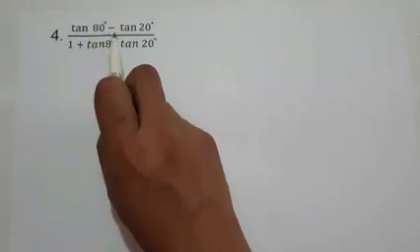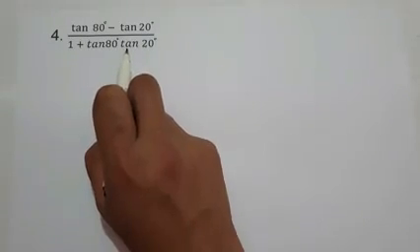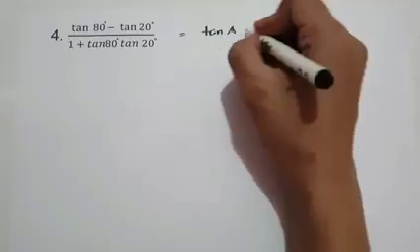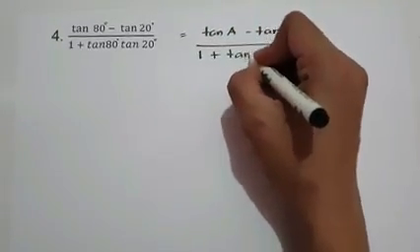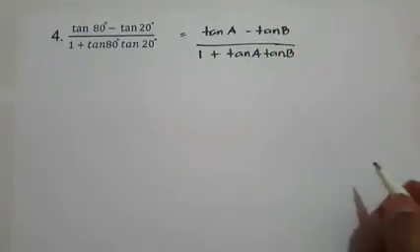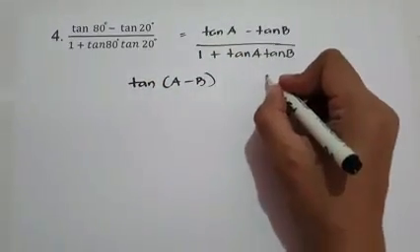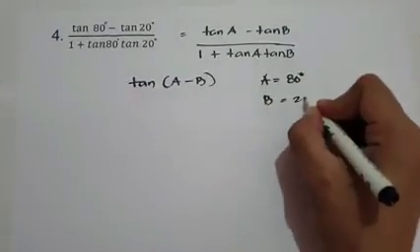On our last example, we have tangent 80 degrees minus tangent 20 degrees all over 1 plus tangent 80 degrees times tangent 20 degrees. So this time, the equation is written in the form of tangent A minus tangent B all over 1 plus tangent A times tangent B. Therefore, it will give us an idea that we are going to have tangent A minus B. The value of A is 80 degrees and the value of B is 20 degrees.